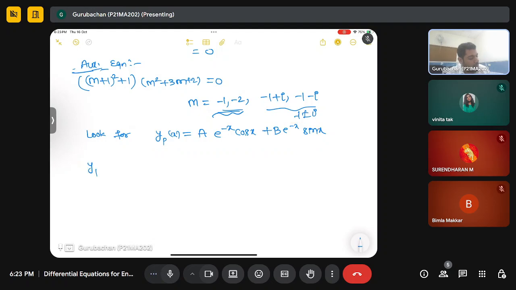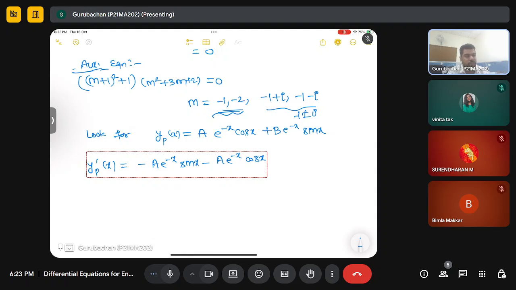So the yp derivative will be minus a e to the power minus x sin x minus a e to the power minus x cos x. I will write the sin x expression just below the line.